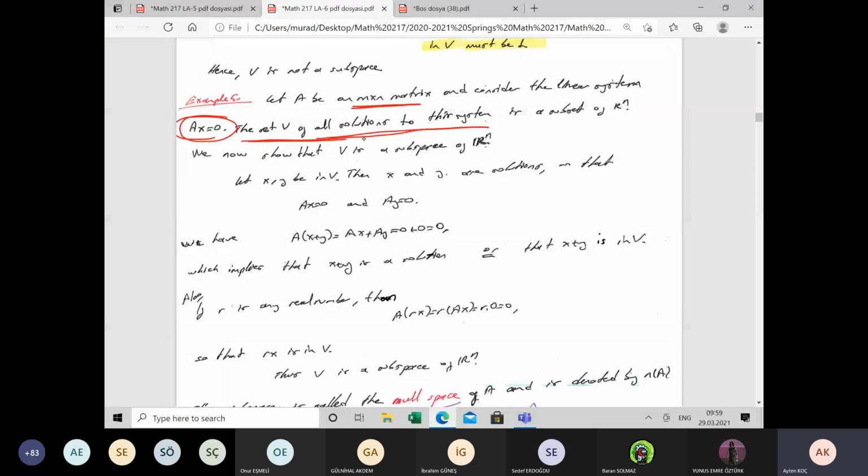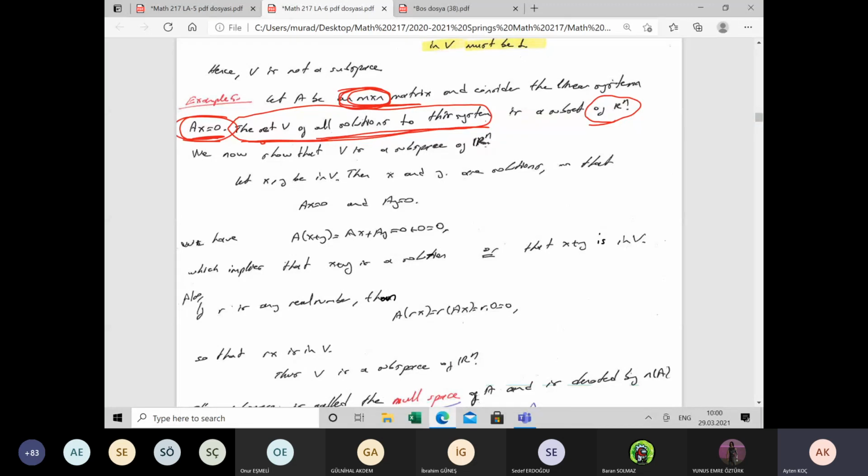this is a subset of Rn. What is the reason? A is an n by n matrix and this is a homogeneous system, so the number of unknowns is n, because the number of columns is n. So the number of variables is n.